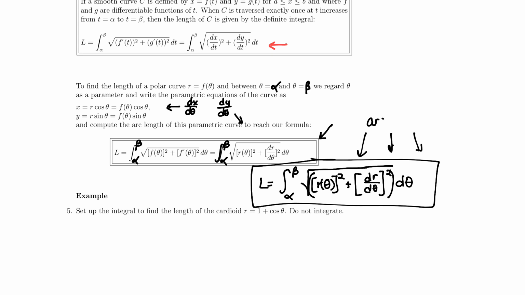This is the arc length of a polar curve.